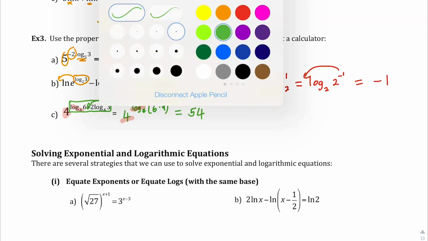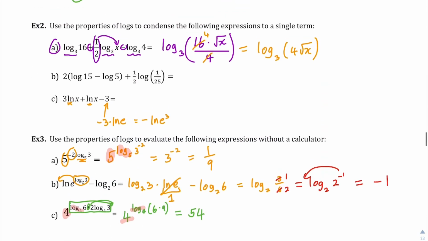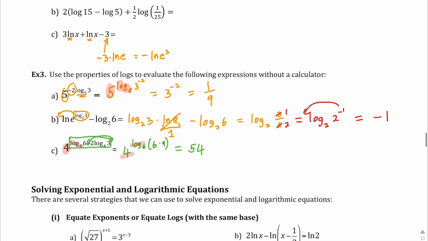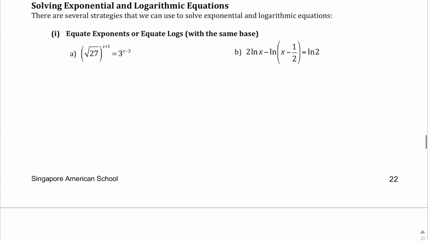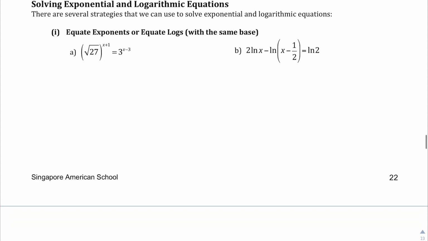Okay, all right, so now the idea is we're going to take what we've learned or consolidated with the use of these properties and use those in the solving of our equations. In this case we've organized the lesson in such a way that we're telling you essentially what to do.